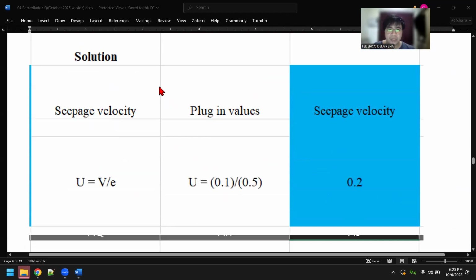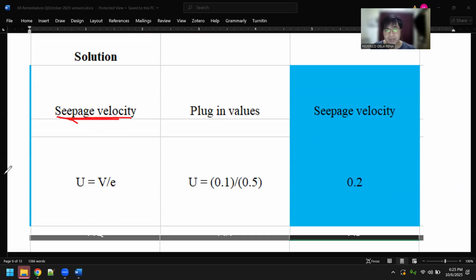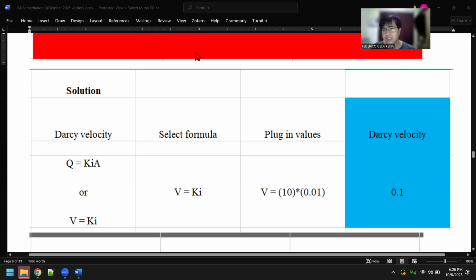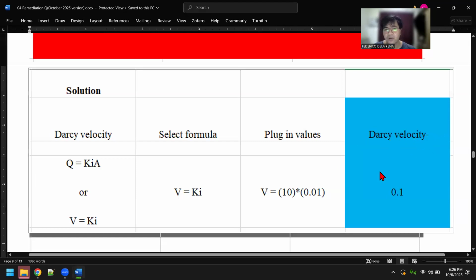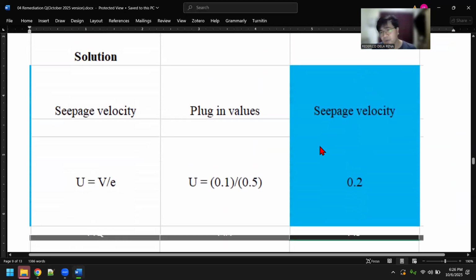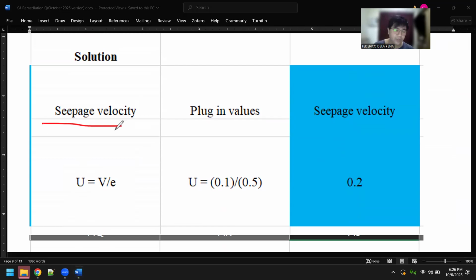Next thing we need to determine is the seepage velocity. Right? Now, the Darcy velocity is really just a velocity of the fluids as a whole or as a group. It's useful for calculating volumes. However, if you want to actually know how fast the fluid is traveling individually, you might want to determine the seepage velocity.